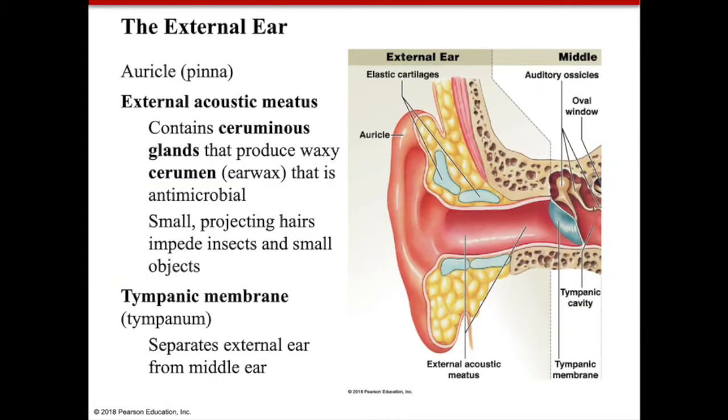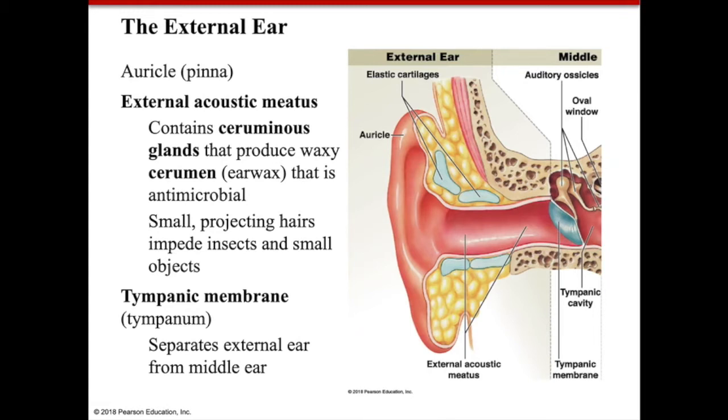The external ear consists of the auricle, sometimes called the pinna, the external acoustic meatus. As I say the words, please follow them and pause if you need some time to find the label, because I cannot point.